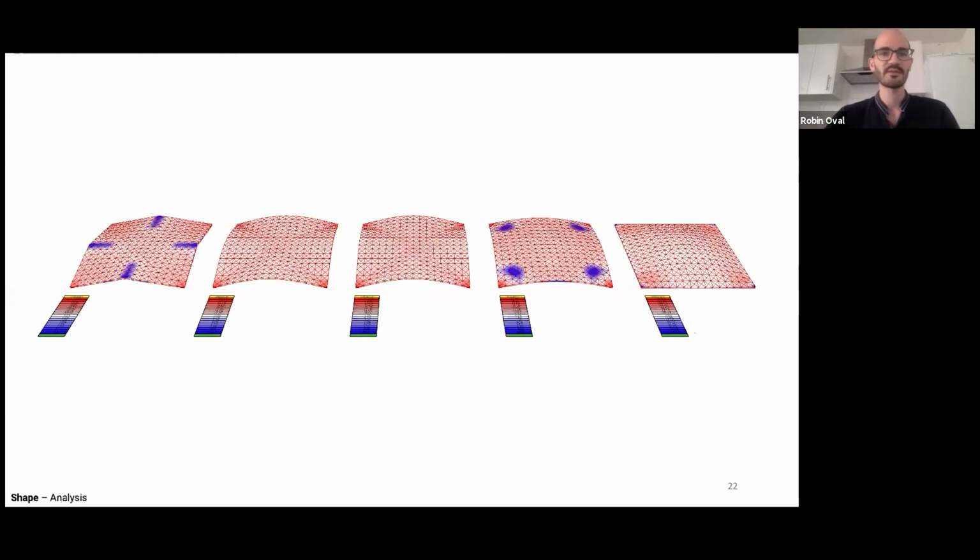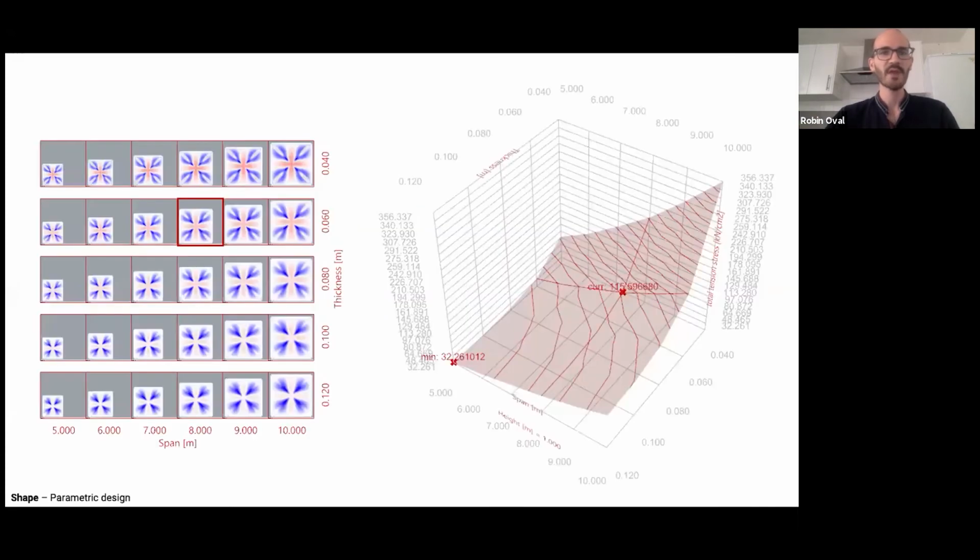There's also some parametric design studies regarding the span: what span makes sense as an application for this system, what thickness would be needed, how much height these slabs would take, and how to integrate it into a building.